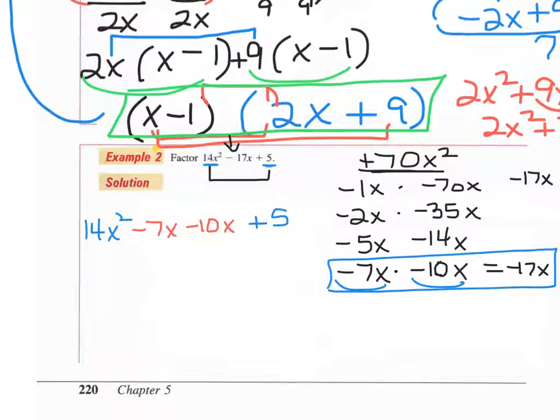If you put the negative 10x first, you're still going to get the same answer. So now, again, I need to make my groups. I need to look for a greatest common factor of the first group, which is going to be 7x. I'm going to divide.